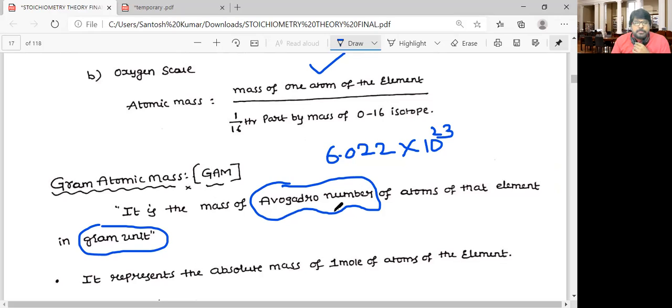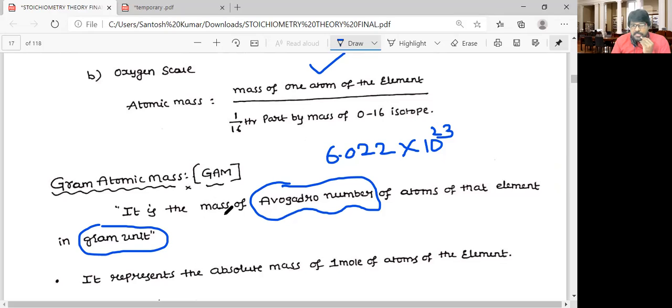Avogadro number 6.022 into 10 power 23, like dozen 12, half a dozen 6. Similarly, Avogadro number 6.022 into 10 power 23. So what is our term here? Gram atomic mass. What is the definition of gram atomic mass?